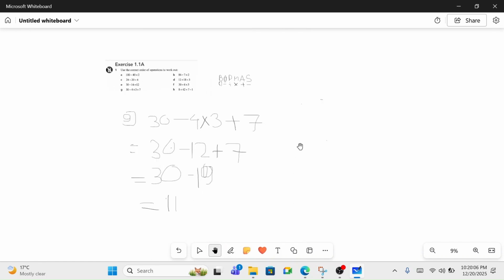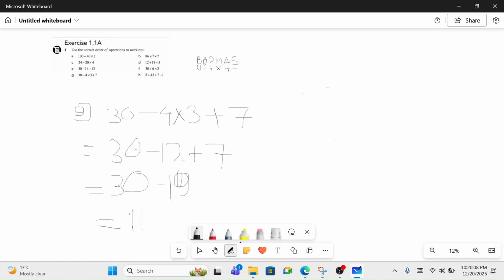Moving on to question number H: 8 plus 42 divided by 7 minus 1. Okay, so first we have division here. So we will work with division since it's above everything here.